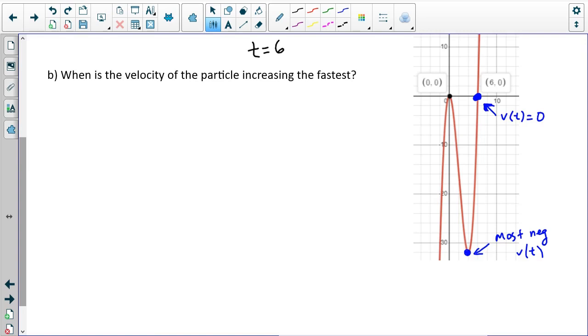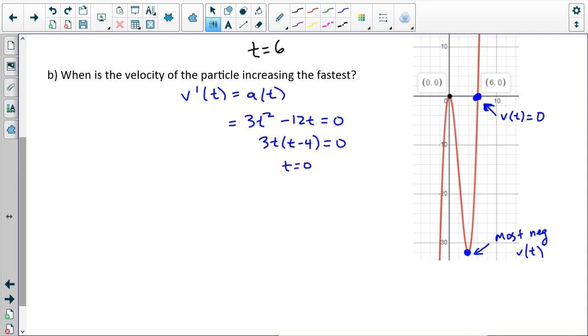When is the velocity of the particle increasing the fastest? That's talking about the derivative of velocity, which we call acceleration. So if we take the derivative of velocity here, we get 3t squared minus 12t equals 0. If I solve that, since I want it to be equal to 0 because I want to figure out local maximum values, I get 3t times t minus 4 equals 0.